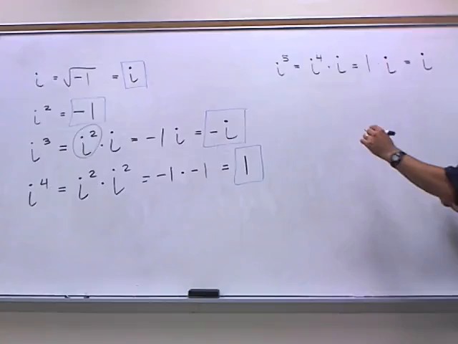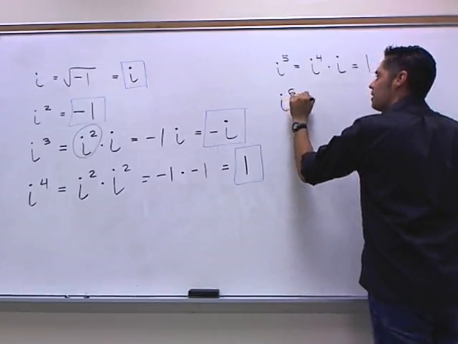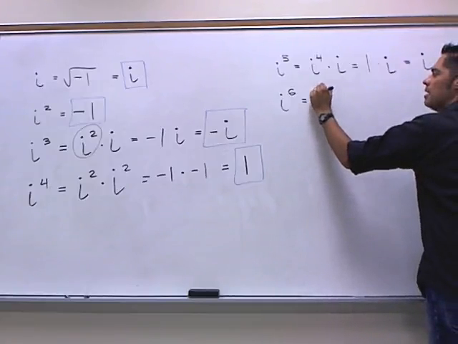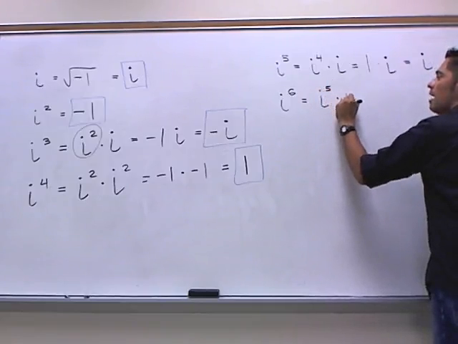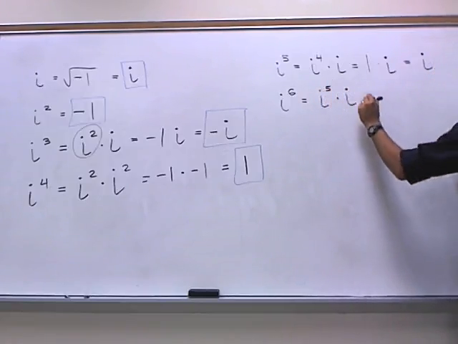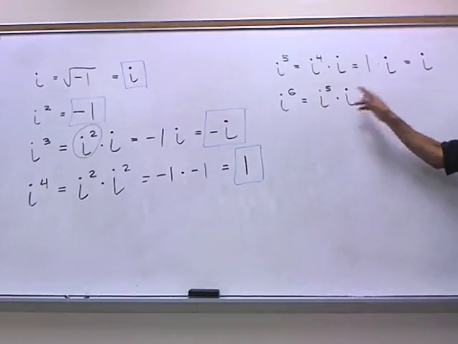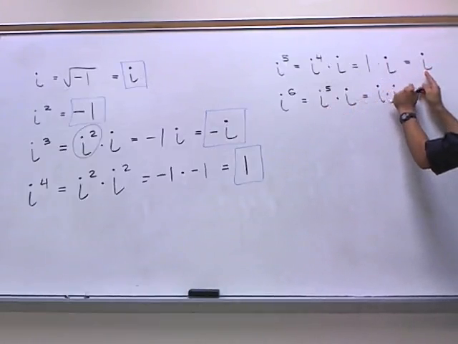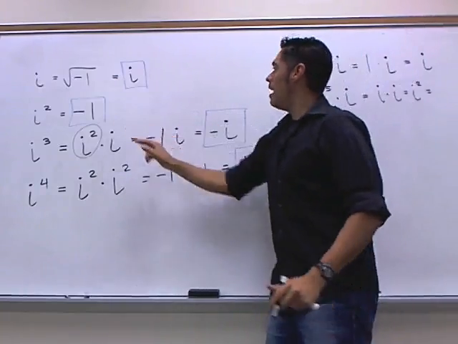I'm going to stop eventually. Hold on. i to the 6th, isn't that i to the 5th times i? Oh, hold on. What's i to the 5th? It's i, isn't it? And then isn't it i times i squared? And what was i squared? -1.